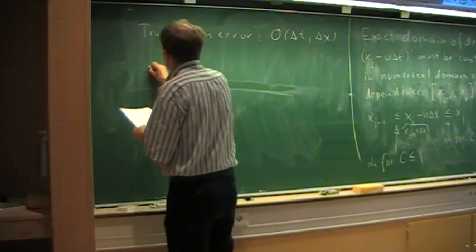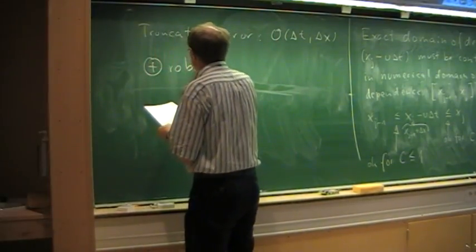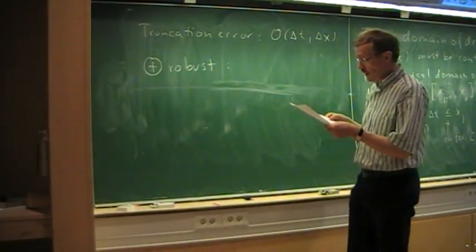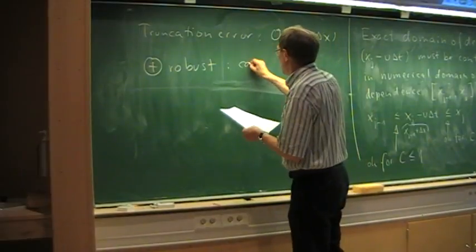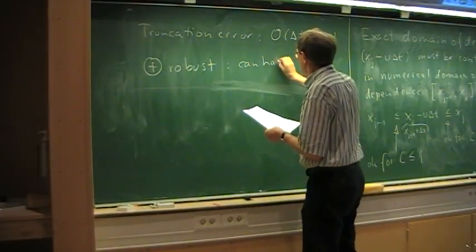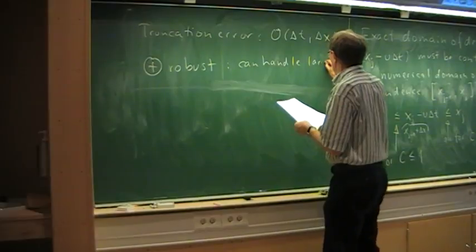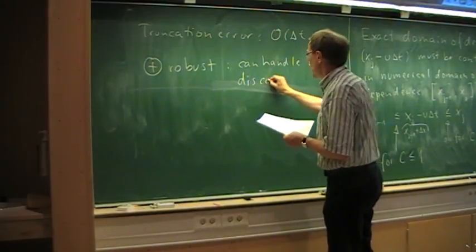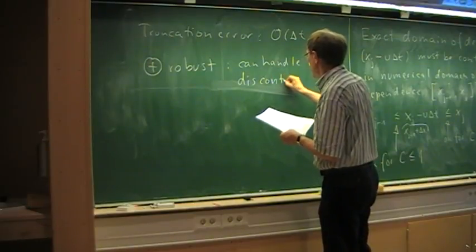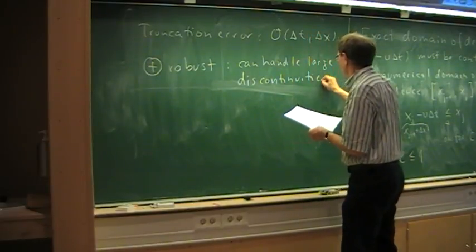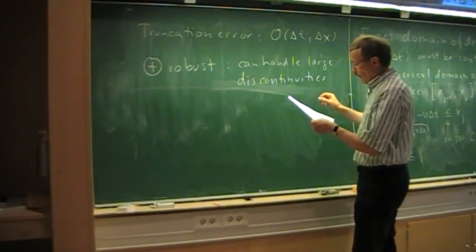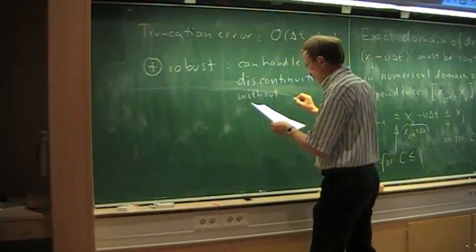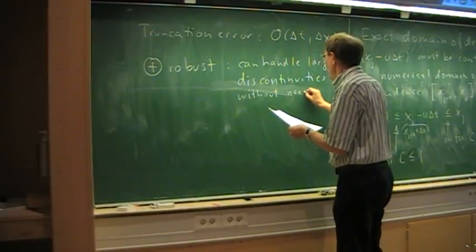The advantage of the method is that it is robust. Robust means that it can handle large discontinuities, so in our case, large temperature discontinuities that are transported, without the need to change the scheme.